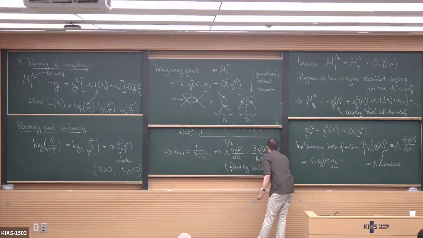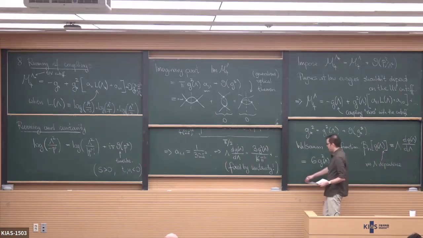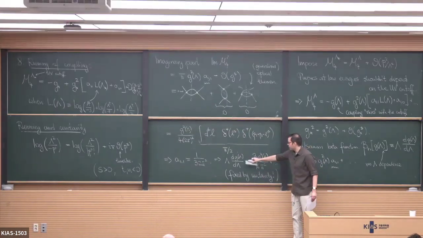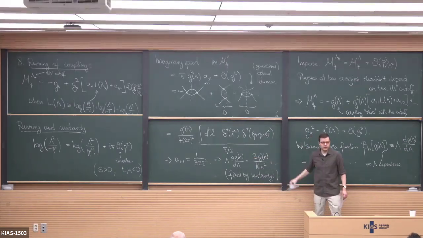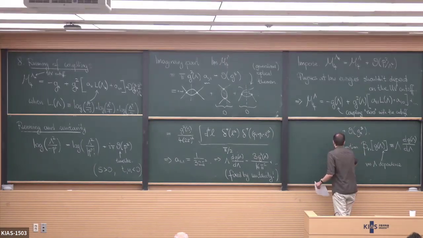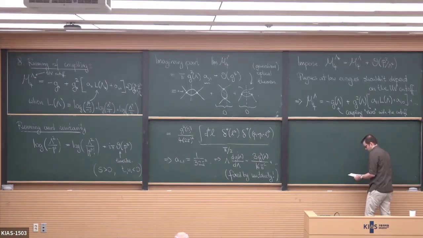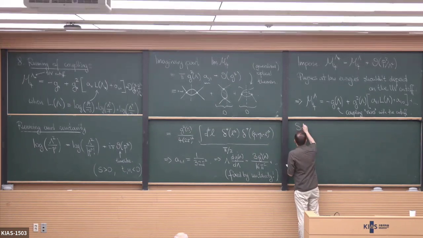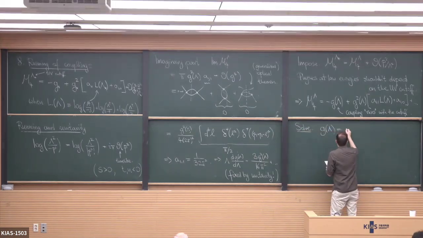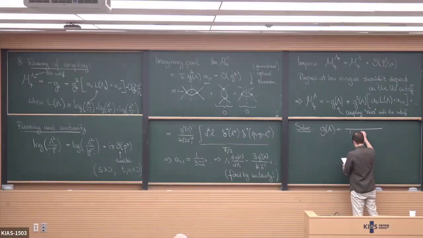Okay, so now that we've computed the beta function, we can have fun. At this stage, what you're left with is some differential equation in a single variable. First order, you can just solve it. Okay, so you can solve this differential equation, and it would tell you that g of lambda is equal to this.